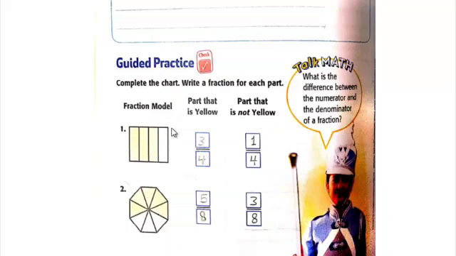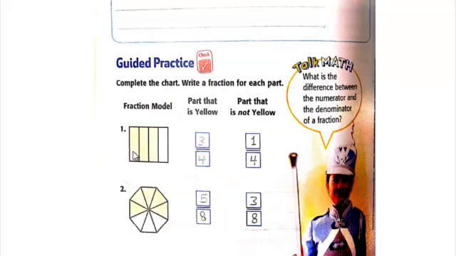This model is divided into 4 parts. And he wants you to write a fraction. So first, put here a line to separate between numerator and denominator. Down, you will write total parts.